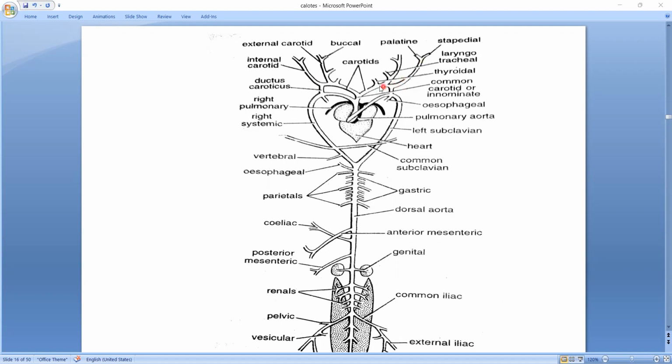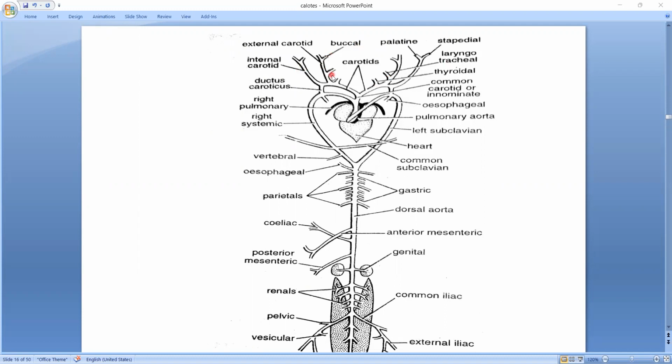And this is the external carotid artery. It gives one thyroidal to the thyroid, a laryngotracheal to the trachea and the larynx, and another artery, that is buccal, to the buccal cavity.